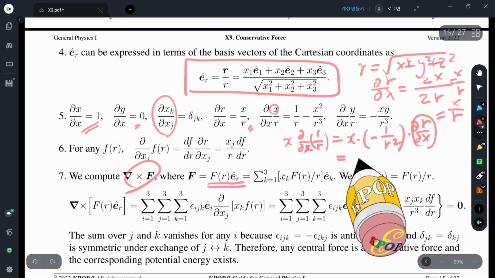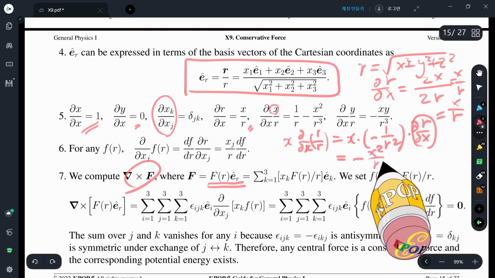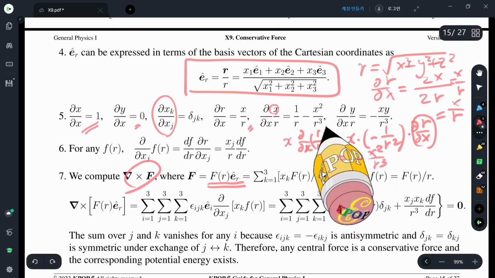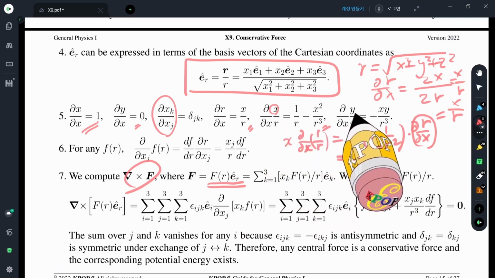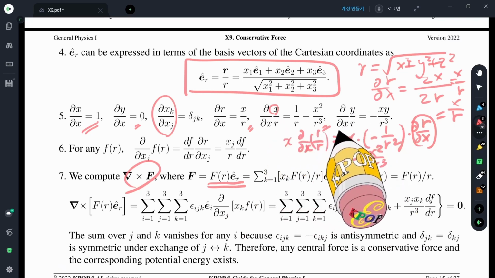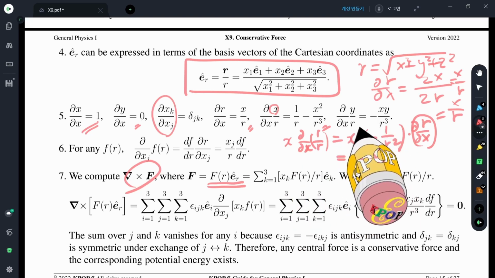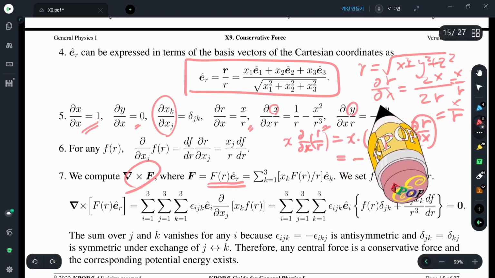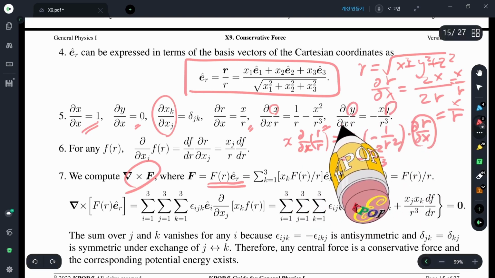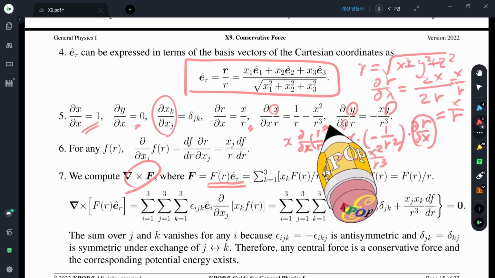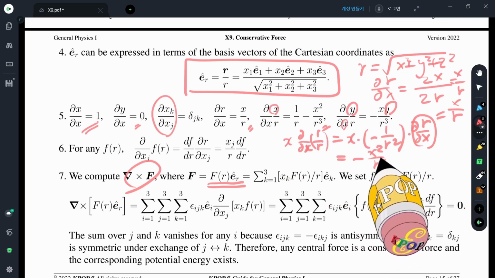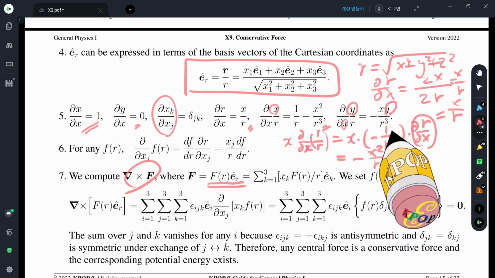Combining everything, we get x squared over r cubed. Okay. So in case we have y over r, everything is the same, except that y is constant with respect to x. So the answer is minus xy over r cubed.